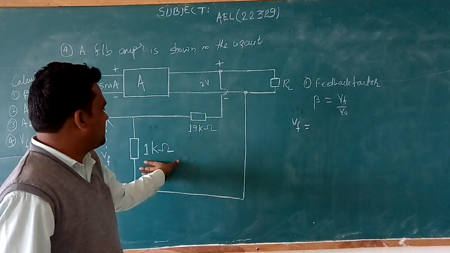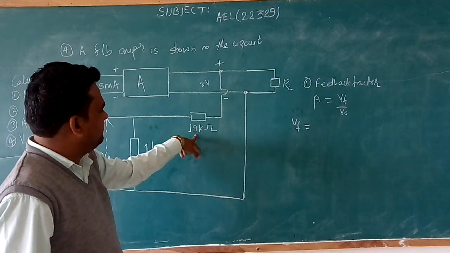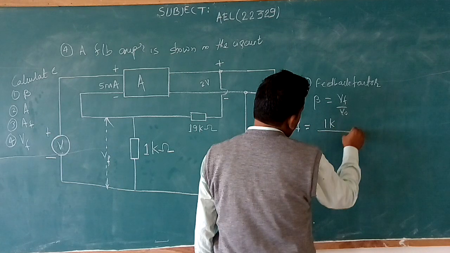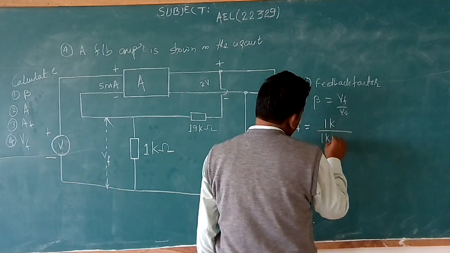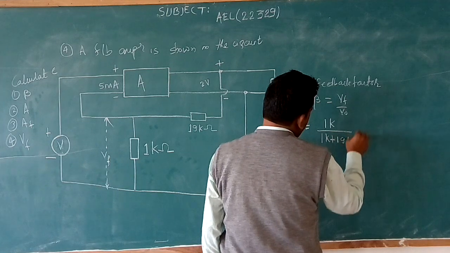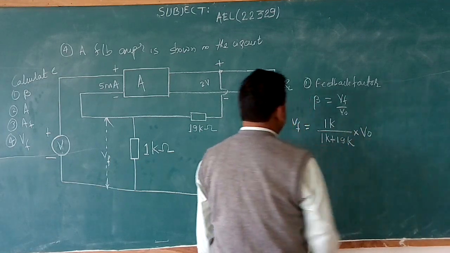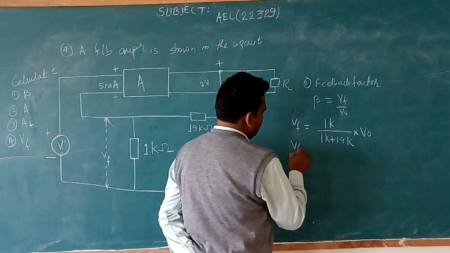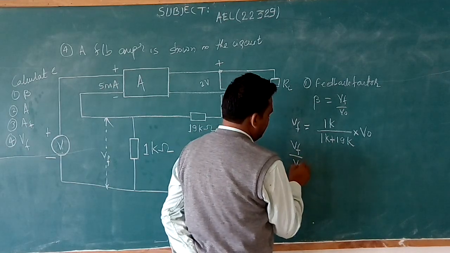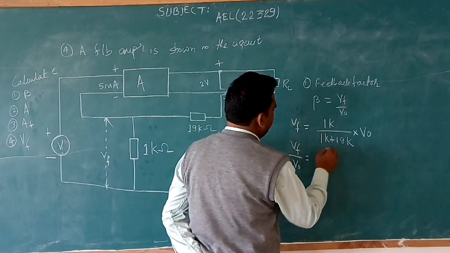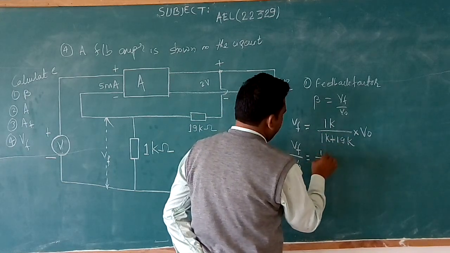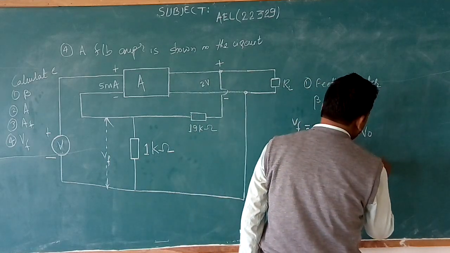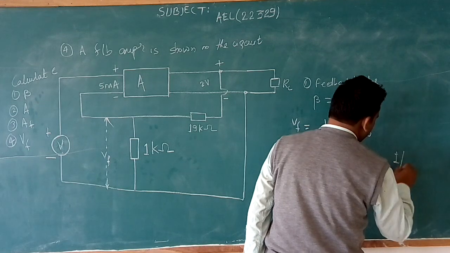Considering this one as R1 and this one as R2, Vf is 1K divided by 1K plus 19K multiplied by V0. So Vf by V0, that is 1K by 20K, so beta equals 1 by 20.